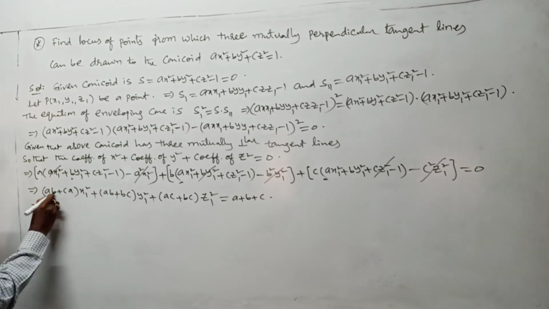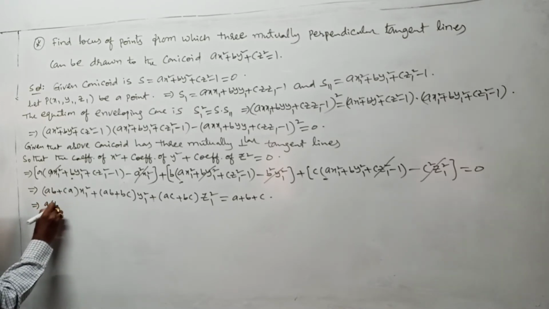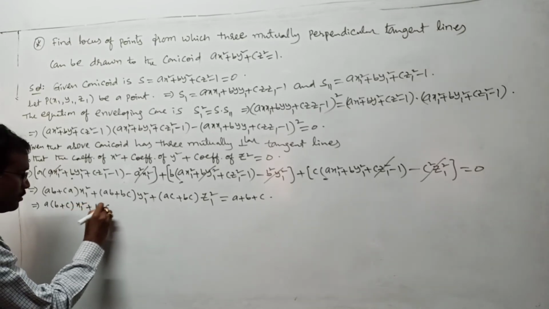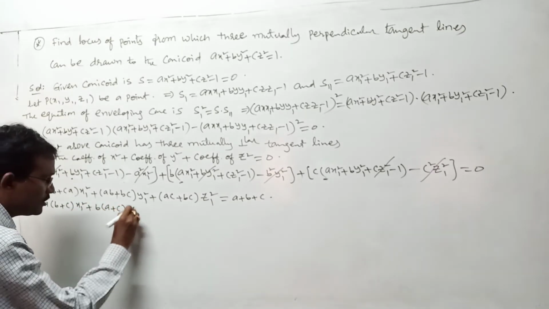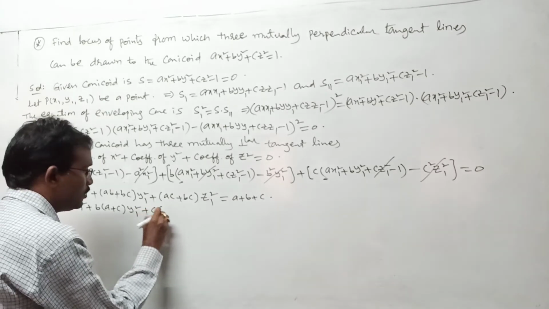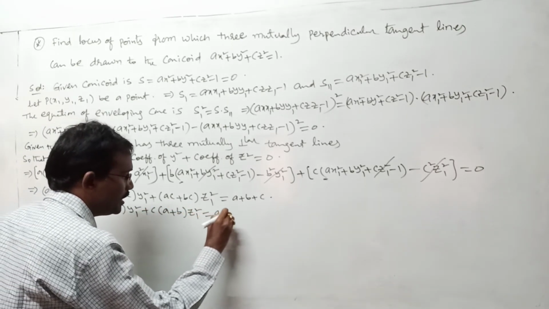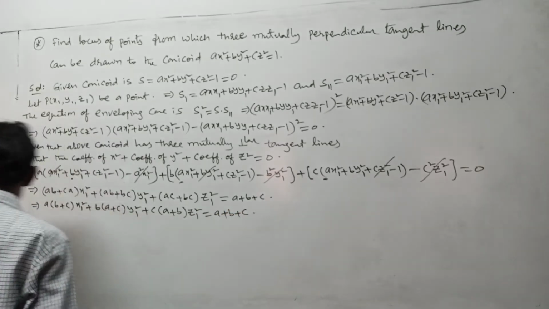This implies, taking common, a into b plus c into x1 square plus b into a plus c into y1 square plus c into a plus b into z1 square is equal to a plus b plus c, right?